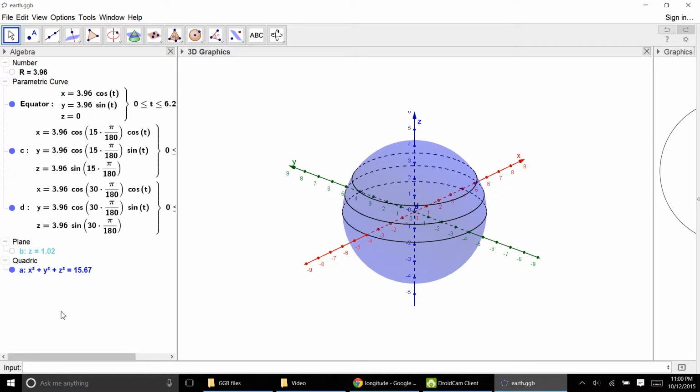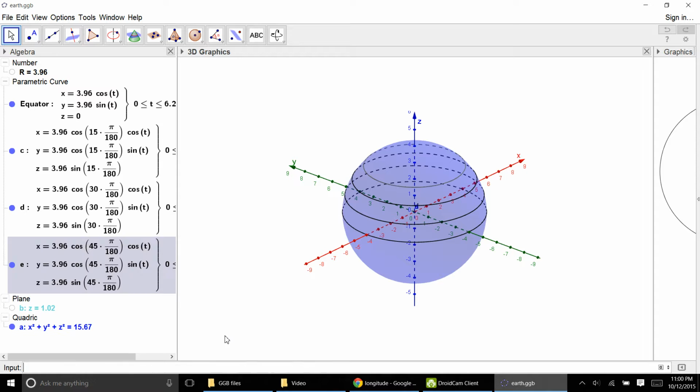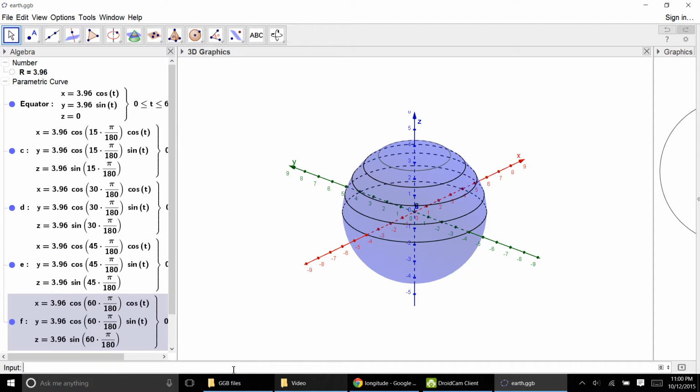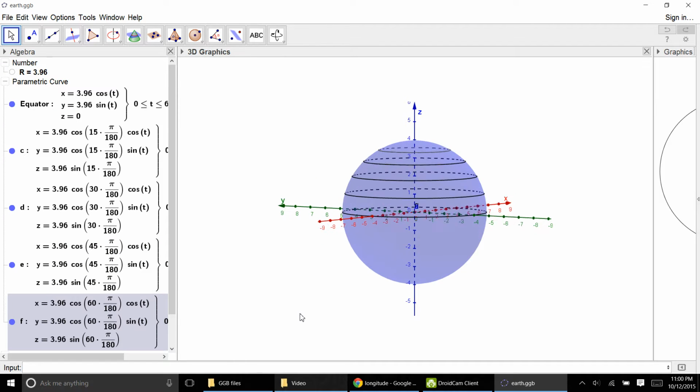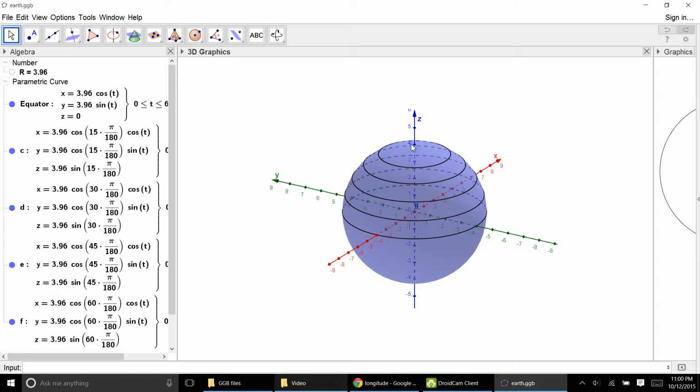Do it again. Make them 45 instead of 30. And we need another one that's 60. So just every 15 degrees until, oops. Okay. We still need one more tiny one up here for 75 degrees.